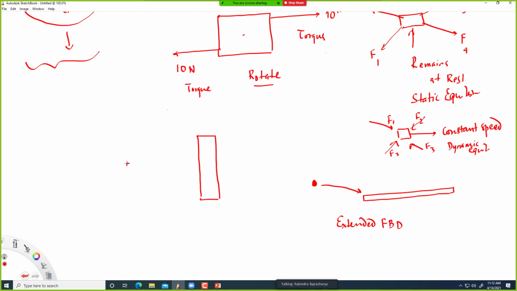You have a rod or a beam touching the wall, and this beam is supported by this rope or cable, and there is a mass hanging down from the beam. And this is in static equilibrium. So the extended free body diagram is this rod, and then we show all the forces acting on the rod.